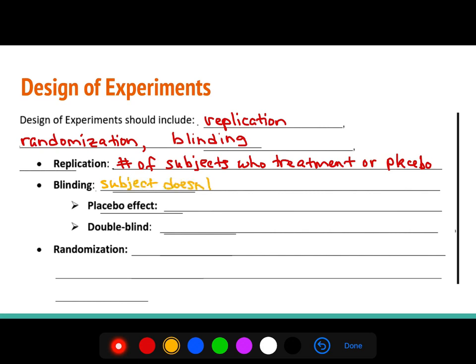Blinding. This is where the subject doesn't know if they're getting the treatment or the placebo. And the placebo effect, and it does occur in experiments, is when a subject is given a placebo and they report an improvement.